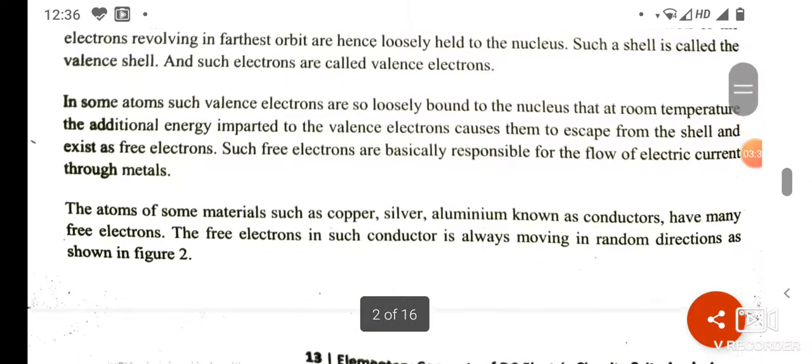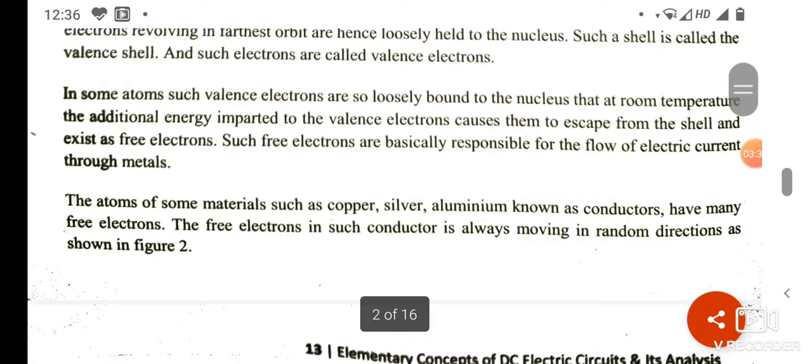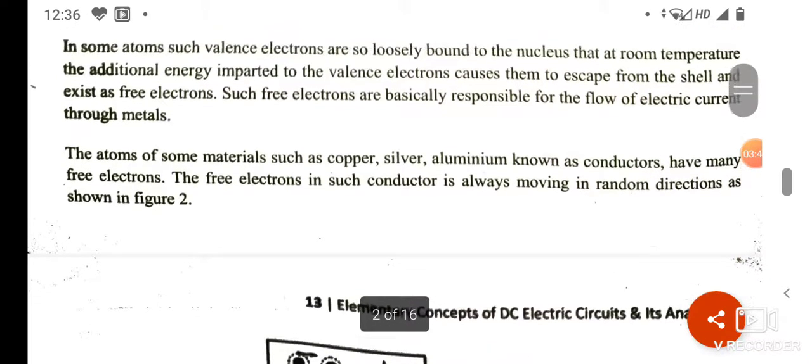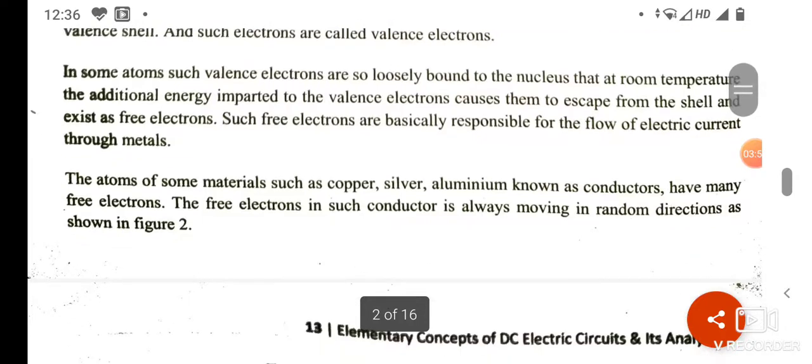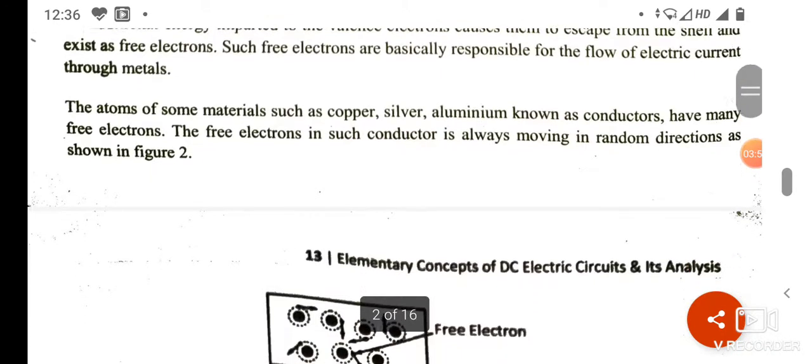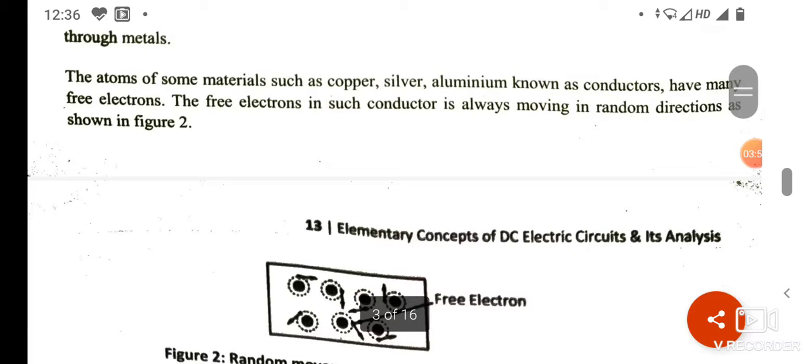In some atoms, such valence electrons are so loosely bound to the nucleus that at room temperature, if we provide additional energy, there is a chance of such electrons escaping. They are known as free electrons. Such free electrons are basically responsible for the flow of electric current through metals. Metals like copper, silver and aluminum, which have such free electrons, are known as conductors. So they can easily conduct electricity.